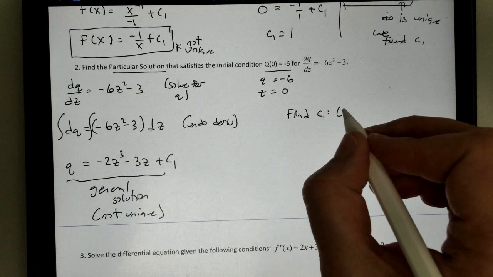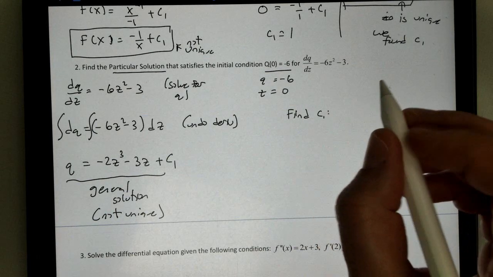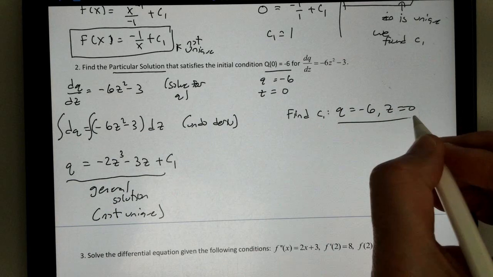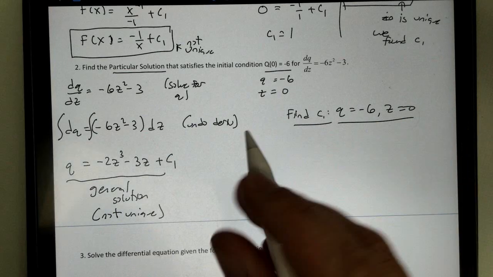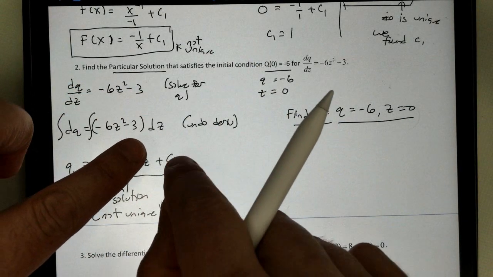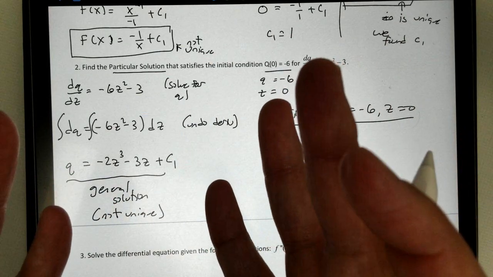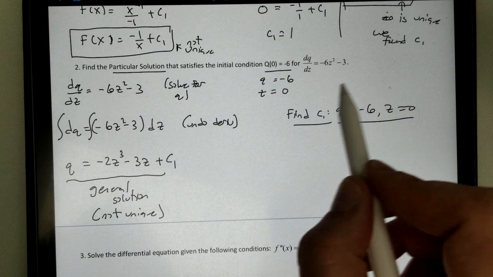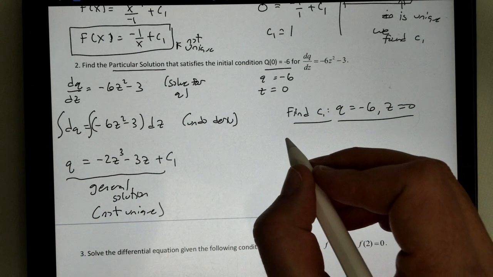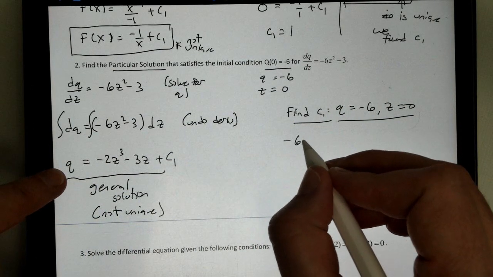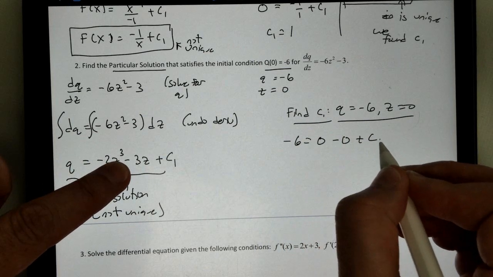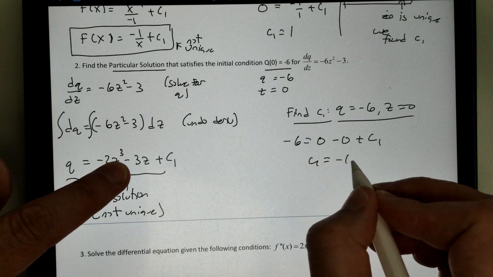And they give us the condition, which we saw up here: when Q is negative 6, Z is 0. There's my condition. Remember, there are infinitely many functions that have this derivative. That plus C says there are many possibilities, but we only want the one that goes through this coordinate here. So I can just plug it in. Z is 0, Q is negative 6, so negative 6 equals 0 minus 0 plus C1, so C1 is just negative 6.